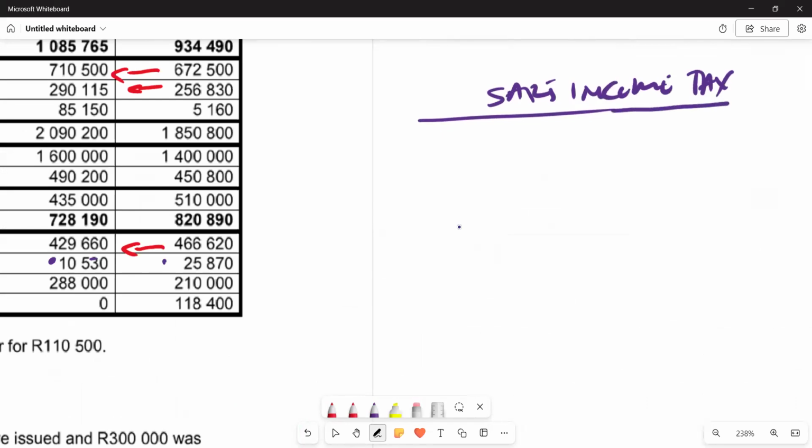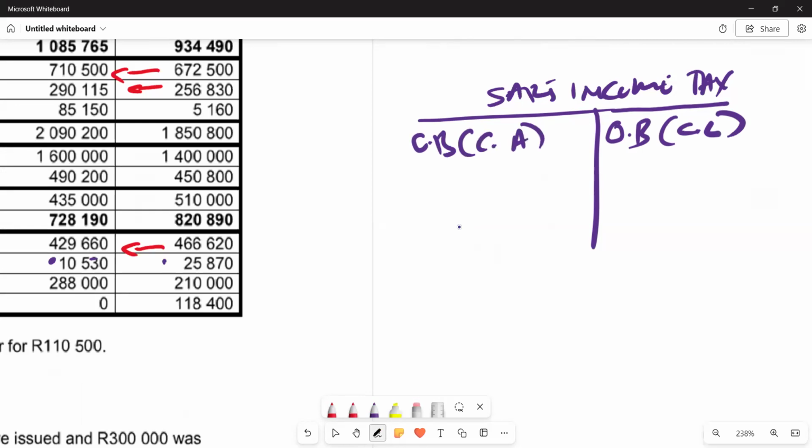So for SARS income tax, if you present it in the form of a T account, we are going to say that if the opening balance is on the credit side, it will be a current liability. If the opening balance is on the debit side, it will be a current asset.